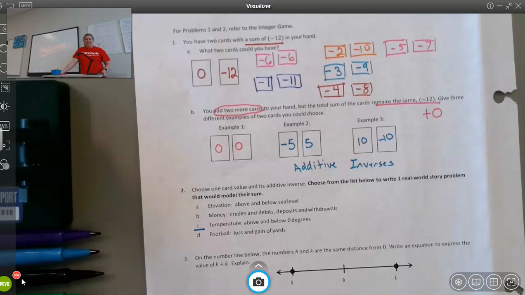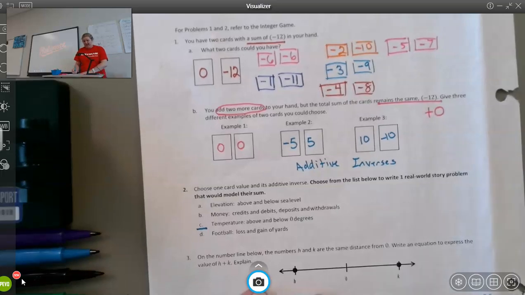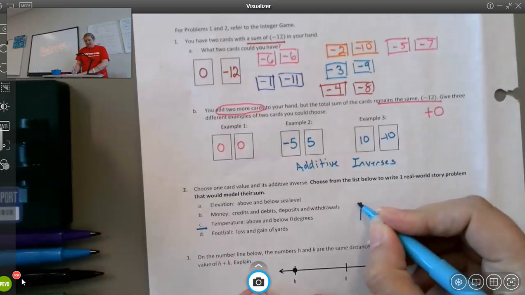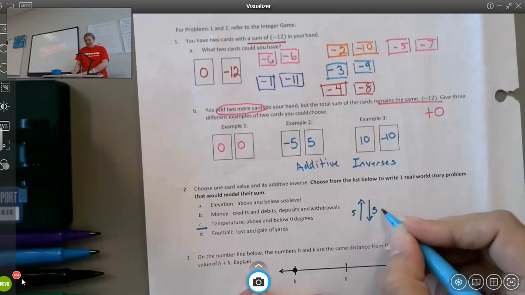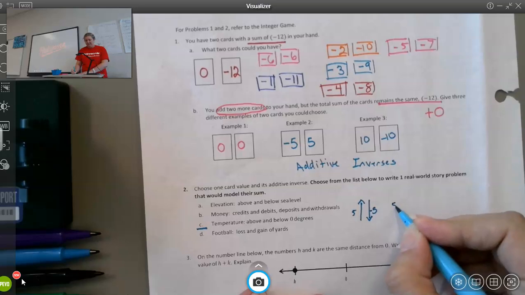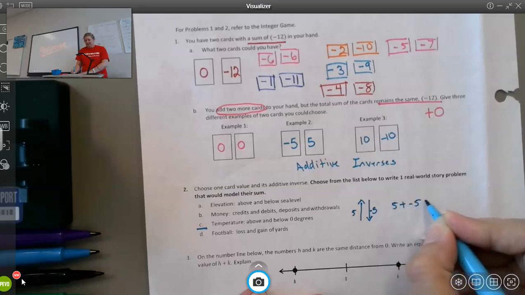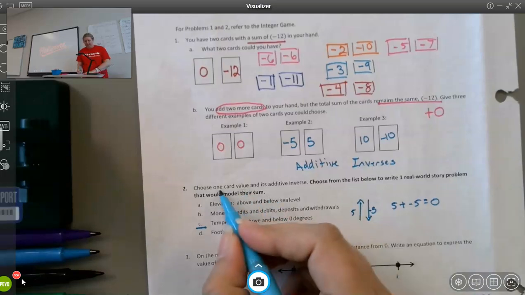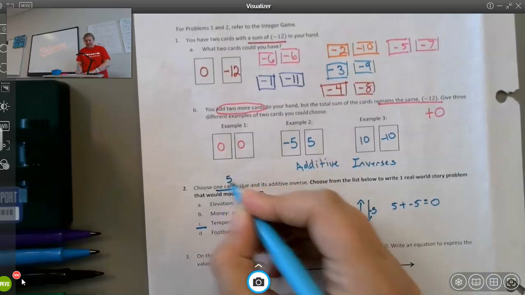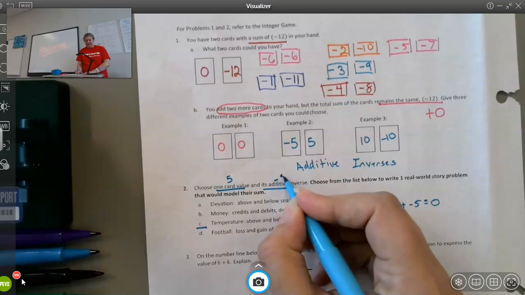Friday night, the temperature fell 5 degrees. What was the total change in temperature? So if I had a rise of 5, then a fall of 5, together, that would be a change of 0. And I have used a card, 5, its additive inverse, negative 5.